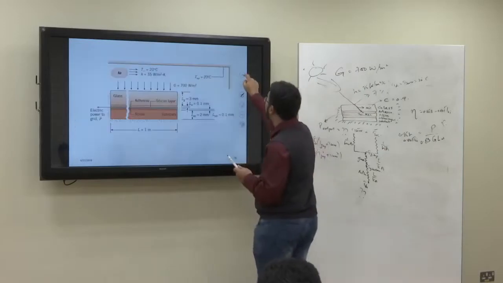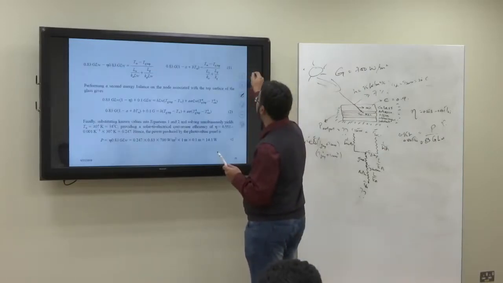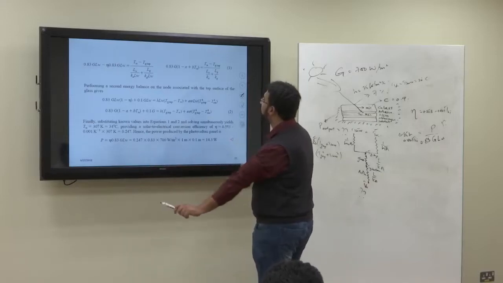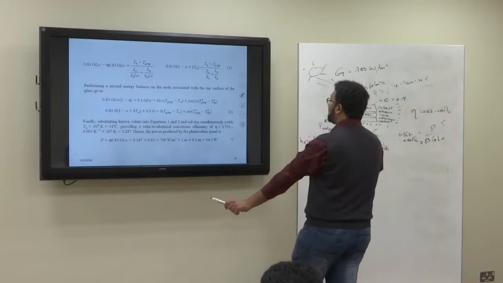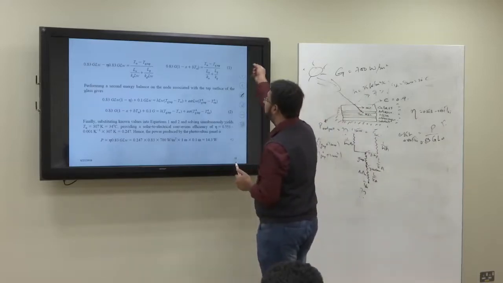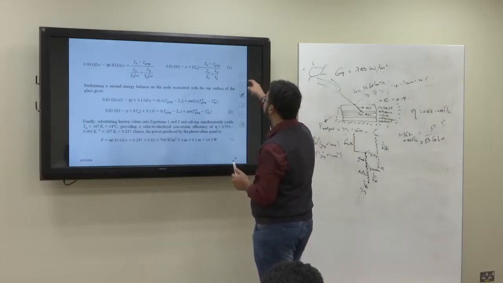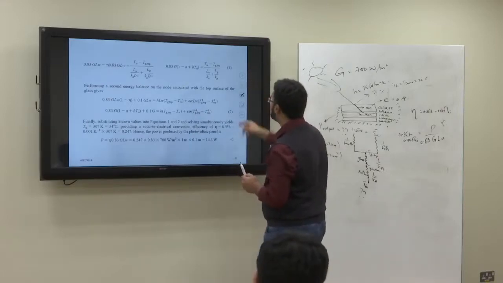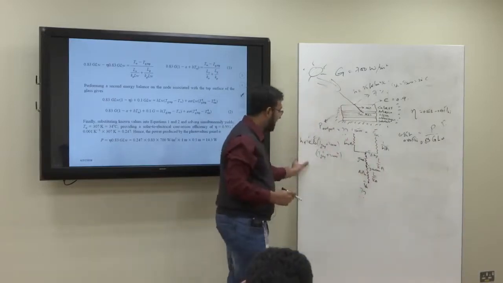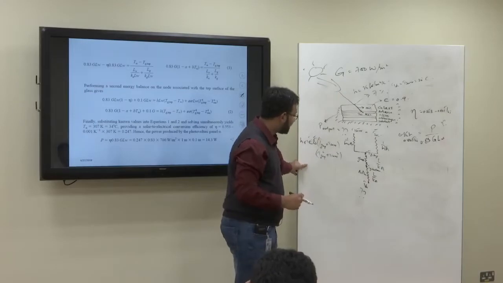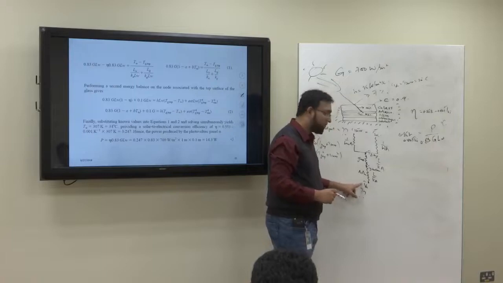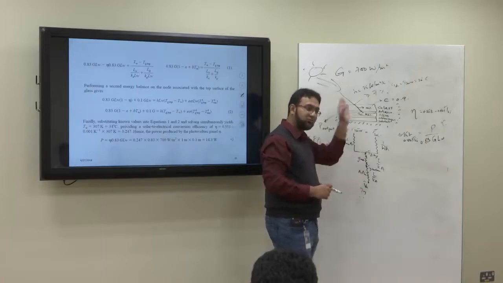Because the Q will be from down or up. Okay, now the thing is that heat is coming from the silicon and it has to go out.